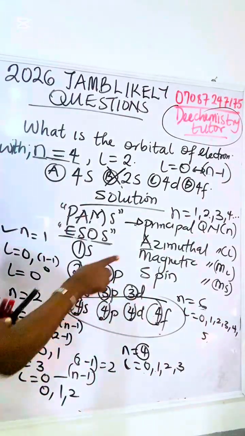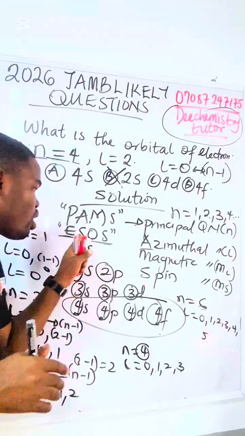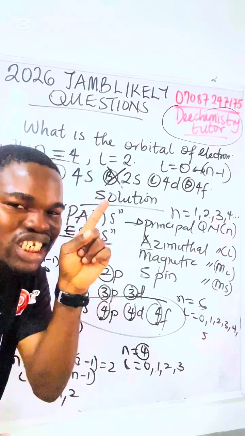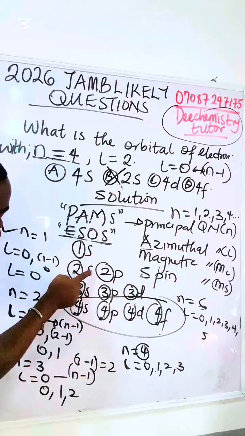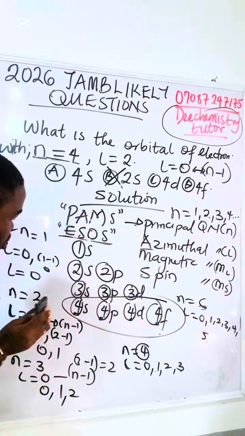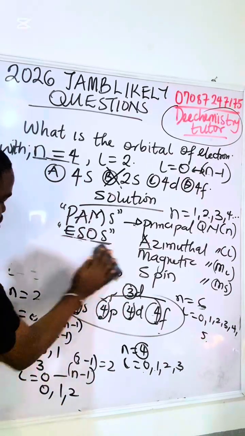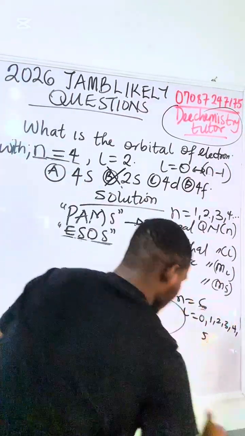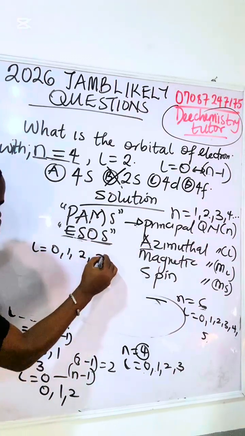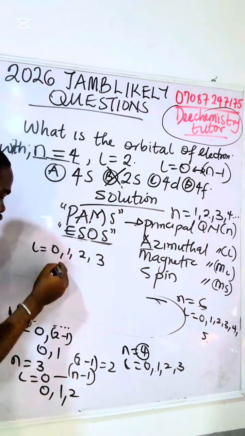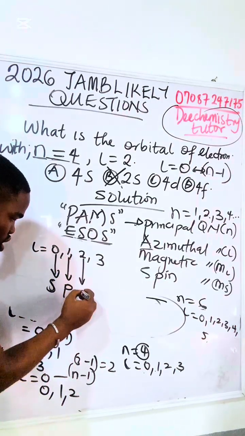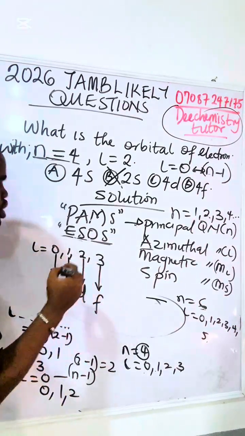Now, note that this azimuthal quantum number, I told you, talks about shape. And the concept of shape is on that particular thing, SPDF. That is what it's talking about. So you must note that if L equals 0, 1, 2, 3, then this is the S orbital, this is the P orbital, this is the D orbital, and this is the F orbital.